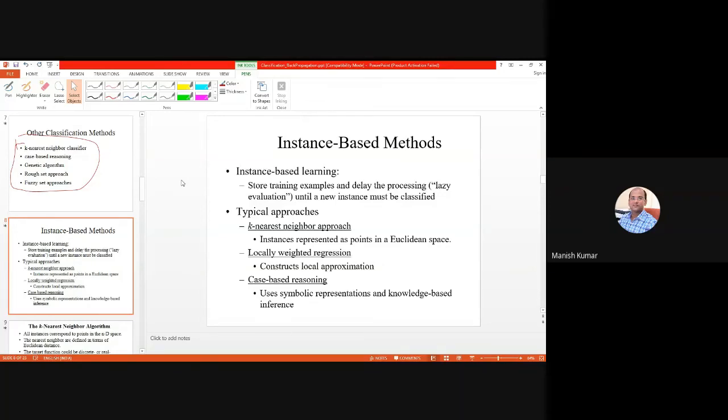In case of k nearest neighbor, instances are represented as points in Euclidean space, and for calculating the k nearest neighbors, we make use of Euclidean distance. There are other methods like locally weighted regression, which constructs local approximations, whereas case-based reasoning uses symbolic representations and knowledge-based inference.